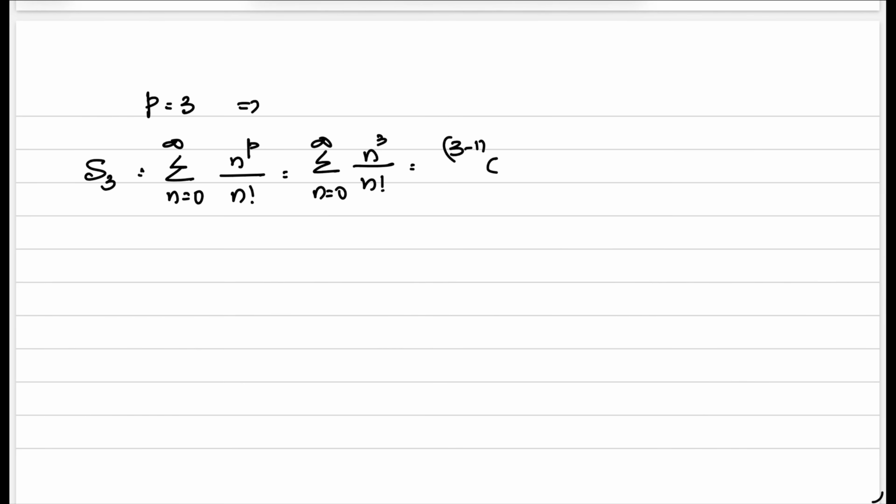3 minus 1 C0 into S0 plus 3 minus 1 C1 S1 plus 3 minus 1 C2 S2.